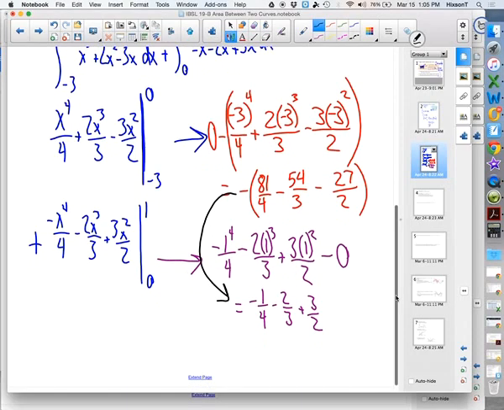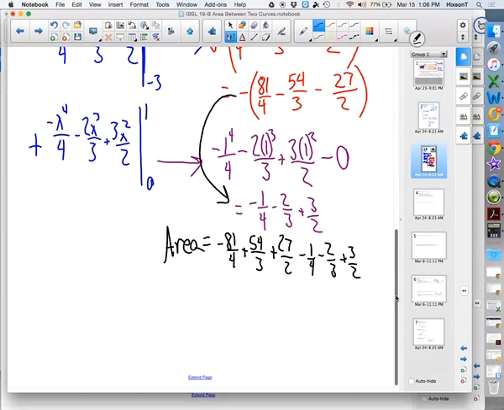Okay? So the area is negative 81/4 plus 54/3 plus 27/2 minus 1/4 minus 2/3 plus 3/2. And you can figure out what all that equals.